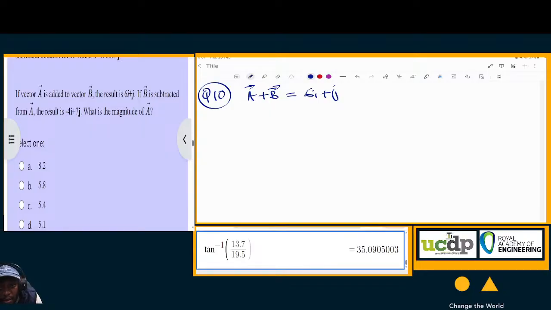And we're also told that if B is subtracted from A, which means A minus B, it is equal to negative 4i plus 7 in the y direction. So we're being asked to find vector A, or the magnitude of vector A.